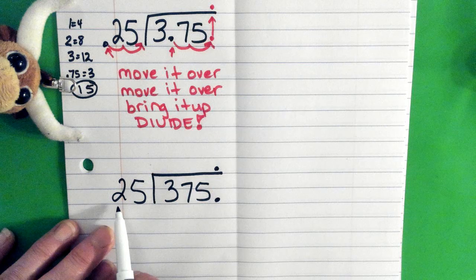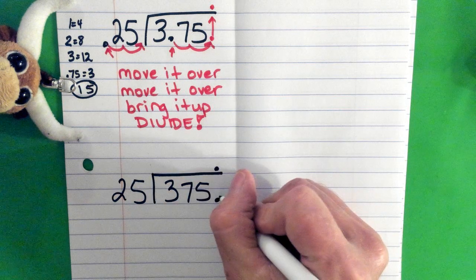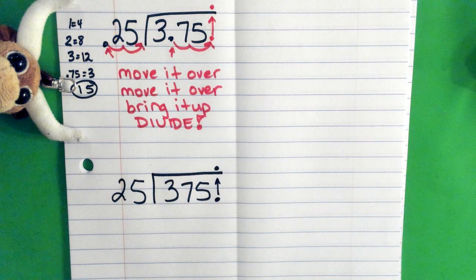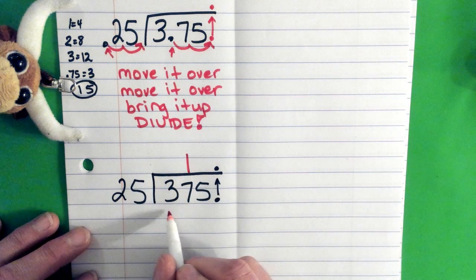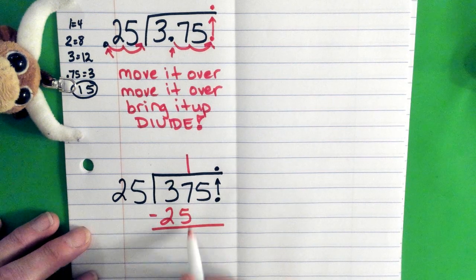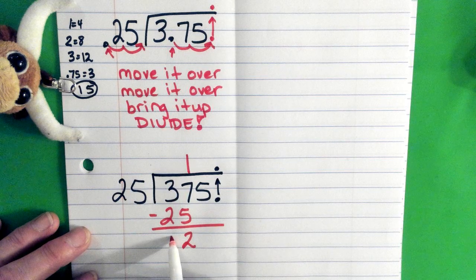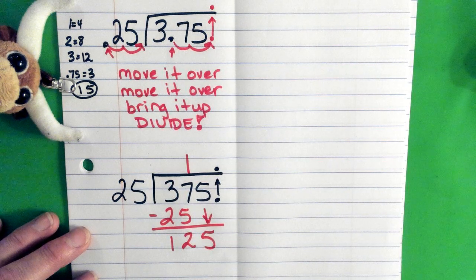Okay, so how many times can 25 go into 37? I'm going to switch colors here. 25 goes into 37 one time. 1 times 25 is 25. Subtract. That gives me a 2 and a 1. And bring down the 5. Now I have 125.